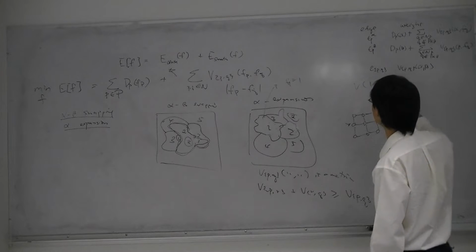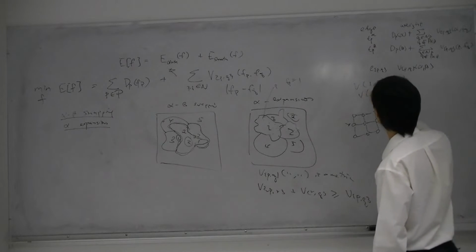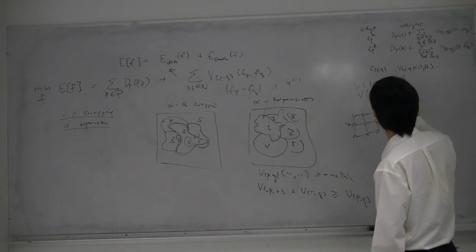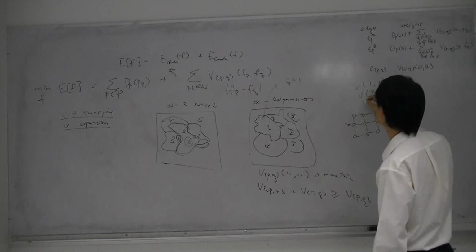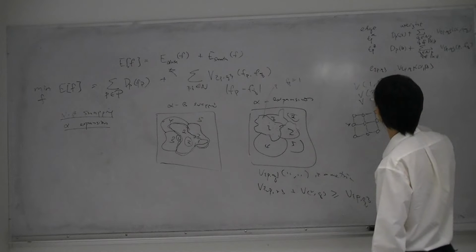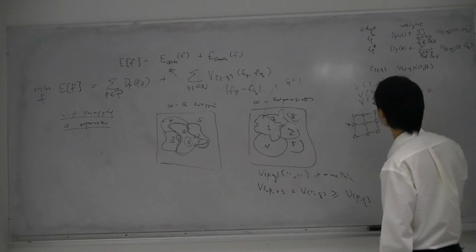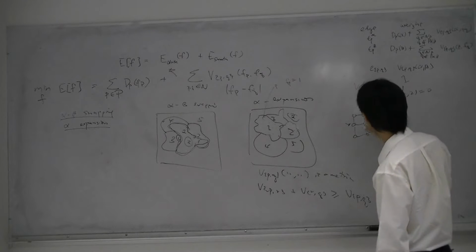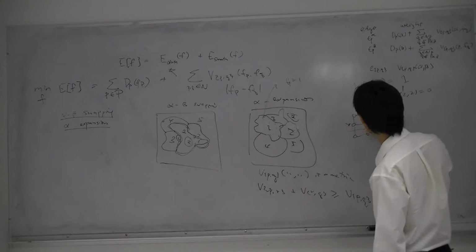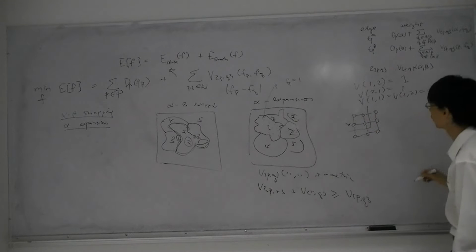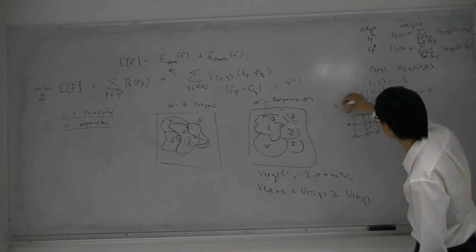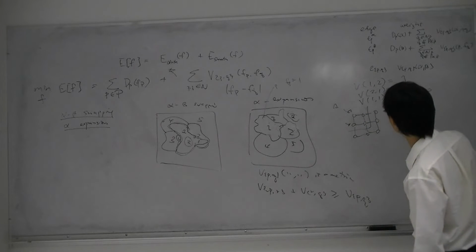So V(1,2) will be equal to 1, let's say V(2,1) is also equal to 1, and V(1,1) is equal to V(2,2) is equal to 0, something like that. So let's say I have a labeling like this: the pixels here are area 1, and the pixels here are area 2.